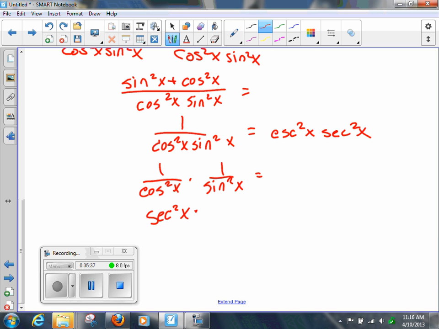What's 1 over sine squared? Cosecant squared. Are they the same? Why are these two the same? What property? The commutative property of multiplication says that that's the same. You had to do another step. No, I only had 3 or 4 steps total. Nope.